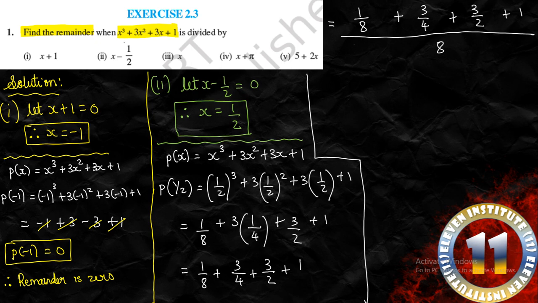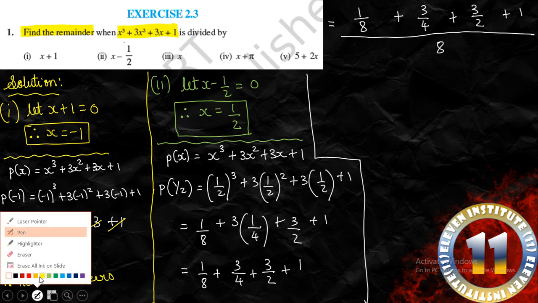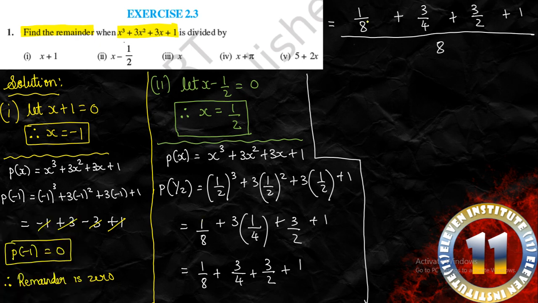Now all of this we have to multiply by the LCM, which is 8. Right, so here we will multiply by 8, multiply by 8, multiply by 8 and multiply by 8. So this is what taking an LCM is called. The LCM is 8, you have to divide all the terms by 8 and you have to multiply all the terms by 8. So here 8 and 8 will cancel.